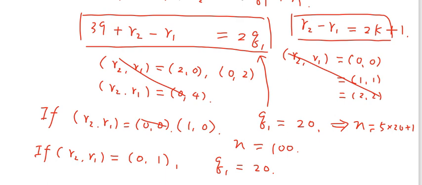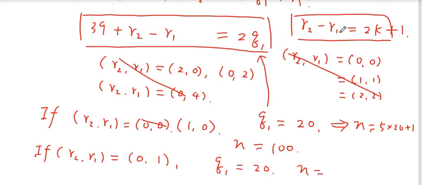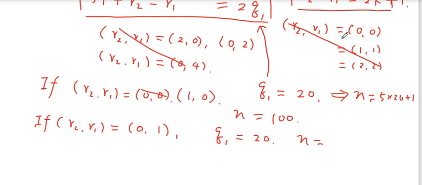Then N equals 5 Q1 plus R1, and R1 equals 1. So N equals 101 also satisfies the condition.